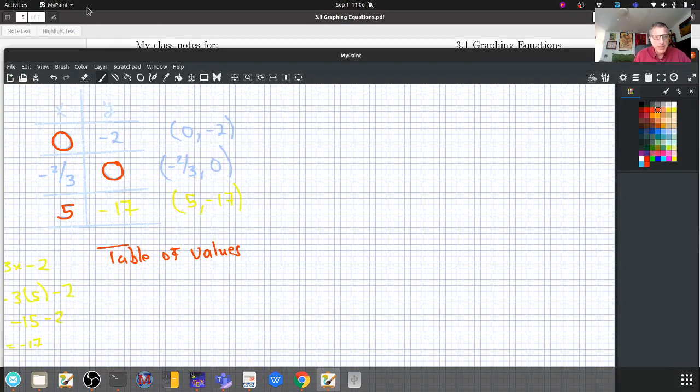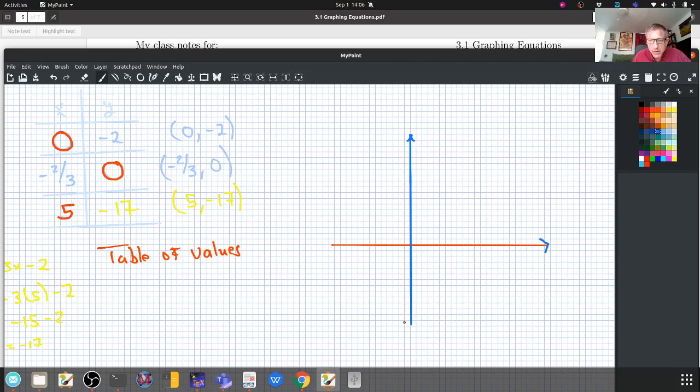So here we'll be a little bit more careful. If you want your y-axis to be a different color, you can.